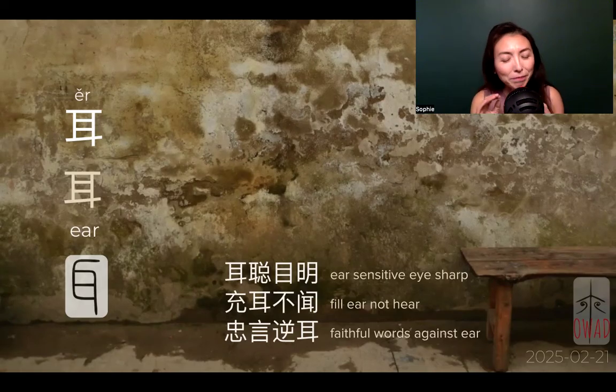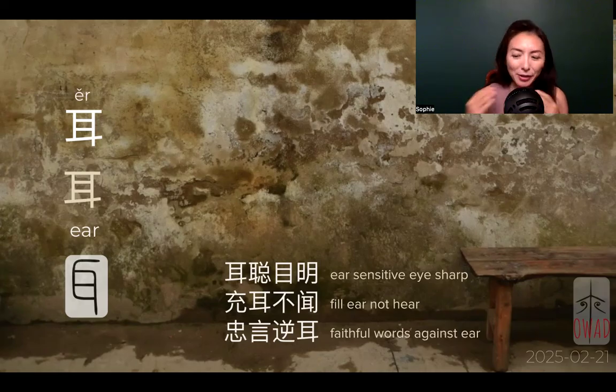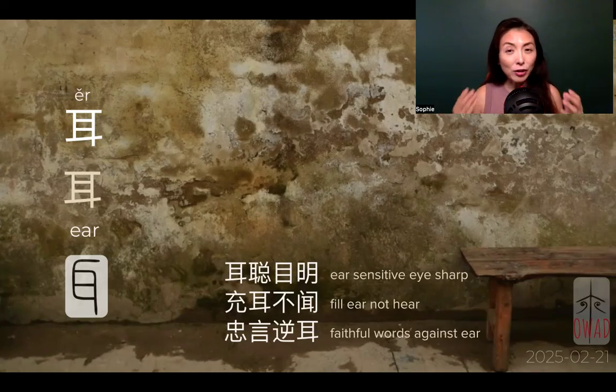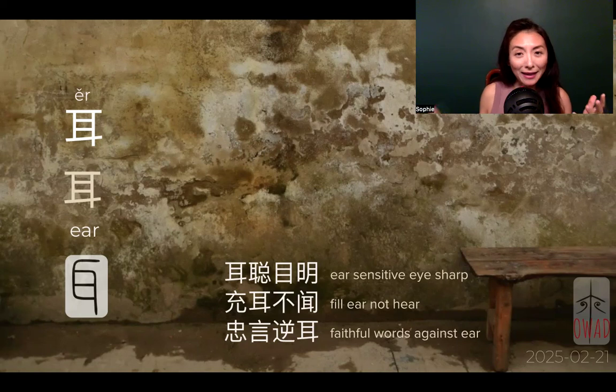Sometimes it can be very blunt and hard to hear, especially commenting on other people's appearances. It can be demeaning, can be belittling, can be really hard to hear, highly critical. But I guess this expression 忠言逆耳 almost gives people the license to give their feedbacks.